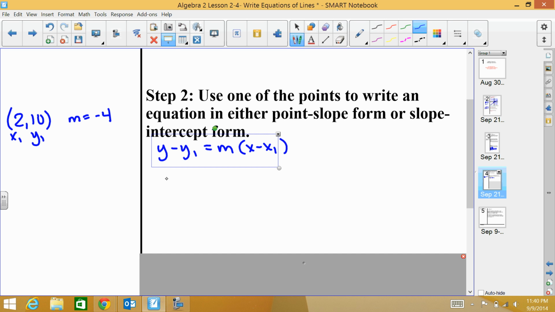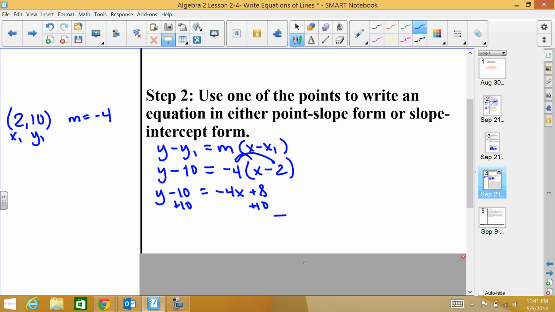So I'm going to plug these in. y minus 10 equals m, which is -4, times x minus 2. Then I would have to distribute. I would get y minus 10 equals -4x plus 8. Then I have to get y by itself, so I would add 10. And you see we get y equals -4x plus 18. So it's the same exact answer as before.